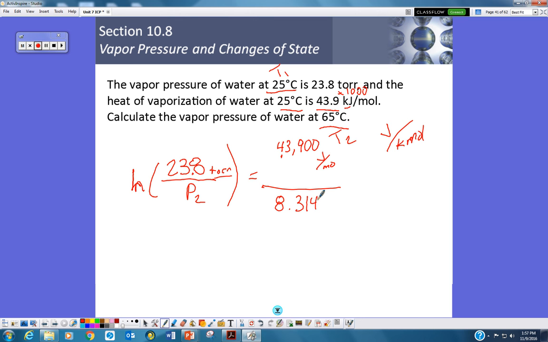Times 1 over temperature 2 plus 273, so 65 plus 273 is what?